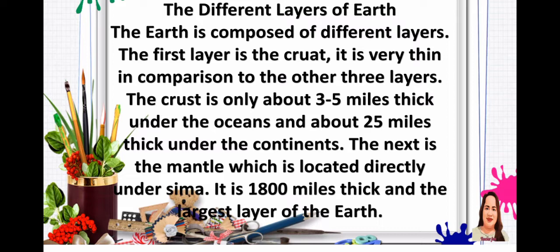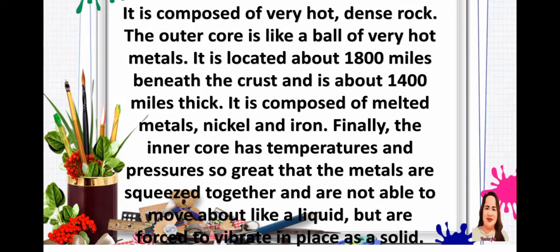It is 1,800 miles thick and the largest layer of the Earth. It is composed of very hot, dense rock. The outer core is like a ball of very hot metals. It is located about 1,800 miles beneath the crust and it's about 1,400 miles thick.